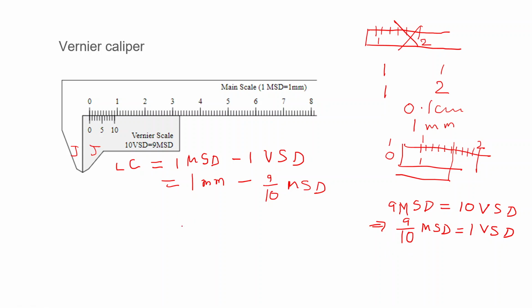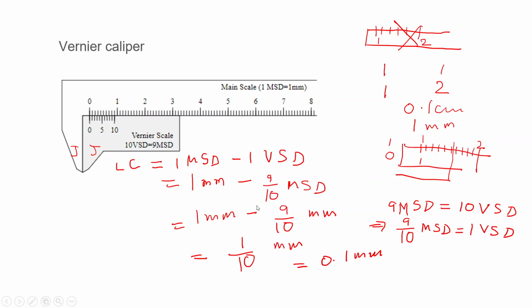Which means 1 millimeter minus 9 by 10 millimeter. This means 1 over 10 millimeter, which means 0.1 millimeter.